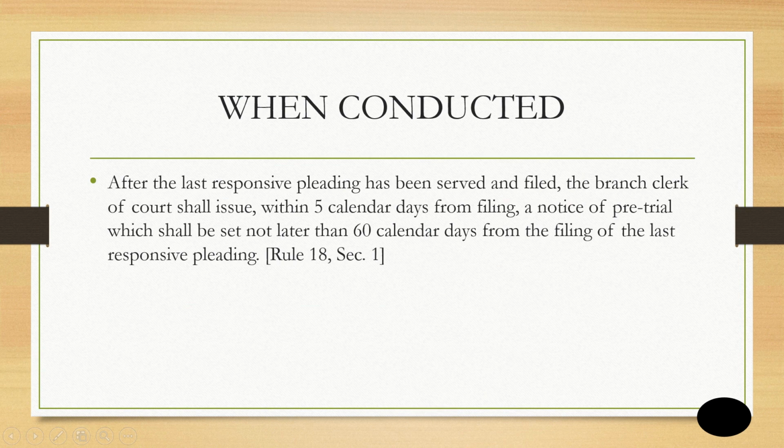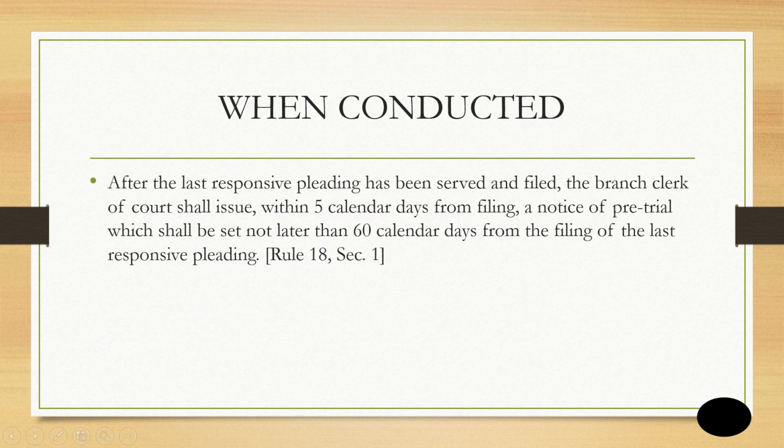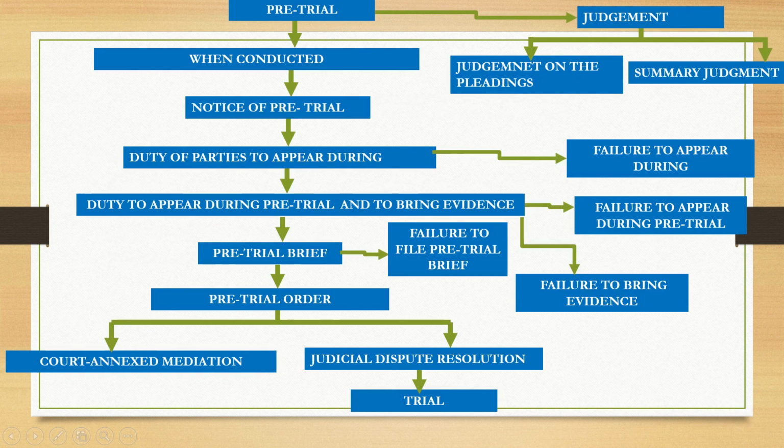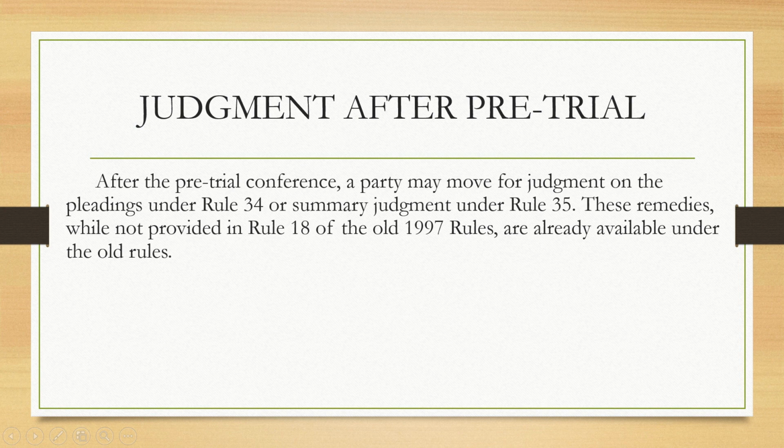After the pre-trial conference, a party may move for judgment on the pleadings under Rule 34 or summary judgment under Rule 35. These remedies, while not provided in Rule 18 of the old 1997 rules, are already available under the old rules.